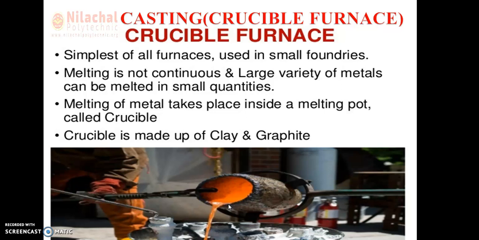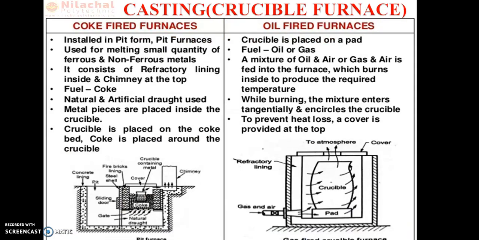So let us discuss some more about this furnace, which is known as the pit furnace. First of all we discuss the pit furnace. From the name, it implies that it is made in the form of a pit below the ground level.